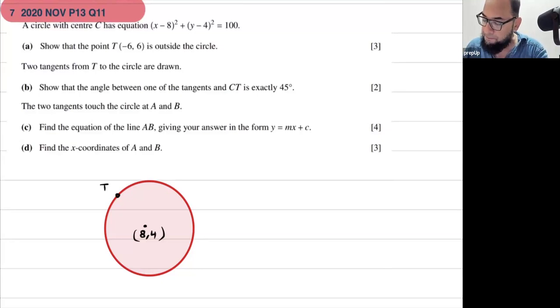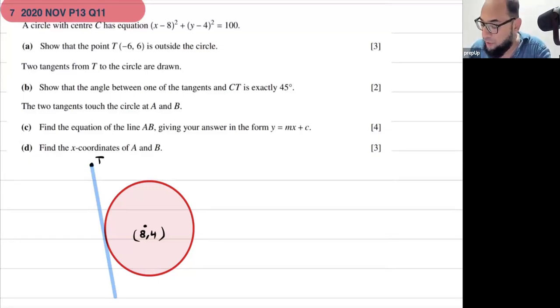And then it says two tangents from T to the circle are drawn. T is outside of the circle, somewhere over here. Now, if I draw two tangents, let me draw a blue one and then a green one. So something like this, that is the first tangent, and then there is another tangent that is going like this.